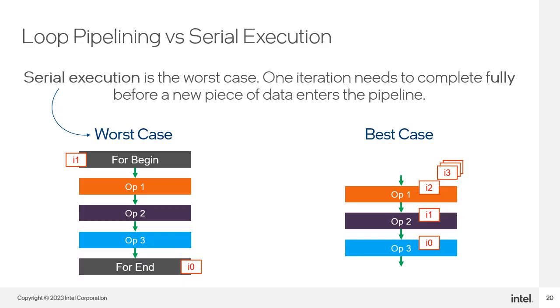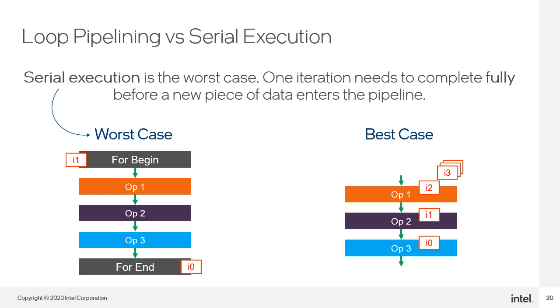Serial execution of operations is the worst case. One iteration needs to complete fully before a new piece of data enters the pipeline. In the diagram on the left, serial execution of the loop is conducted, whereby an iteration performs all 3 operations. It goes back and does it again for subsequent iterations. The diagram on the right shows pipeline execution in comparison.